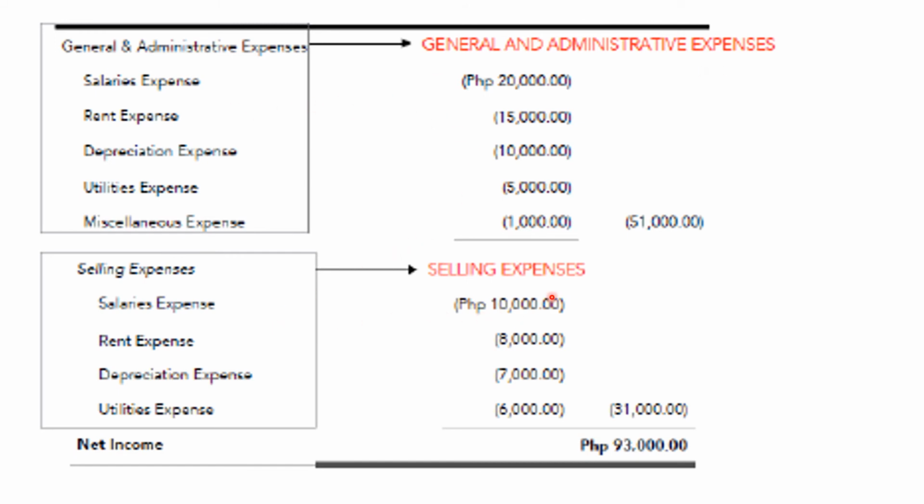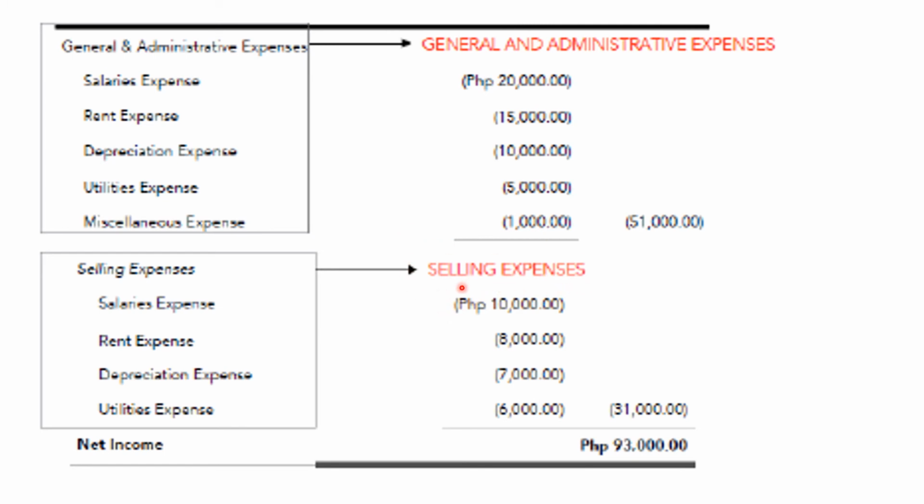And the fifth part will be the selling expenses. Under general and administrative expenses, we have salary expense, rent expense, depreciation expense, utility expense, and miscellaneous expense. General and administrative expenses are not directly related to the merchandising function of the company, but are necessary for the business to operate effectively.